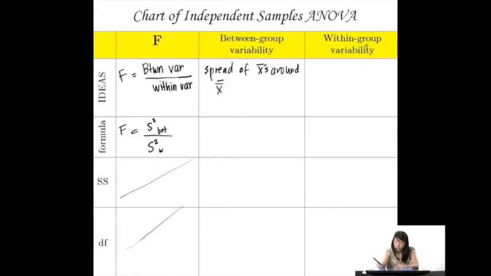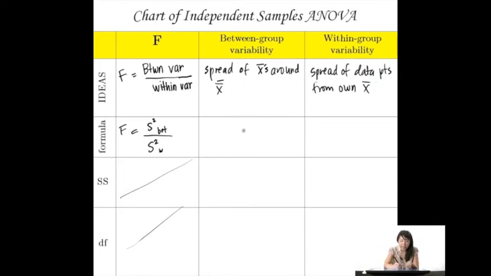However, the within group variability is the spread of data points from their own sample mean, right? So for each little group, what's the spread there? What's the spread there, right? So that's the idea of these 2 things.